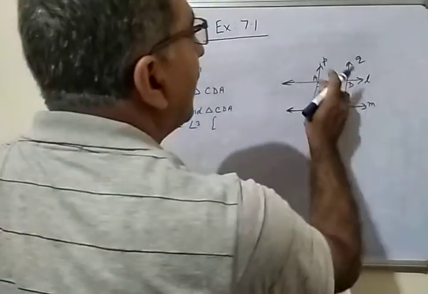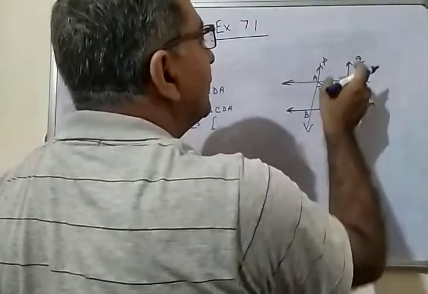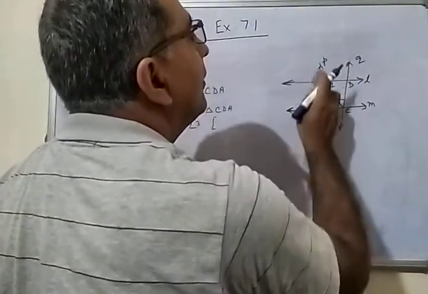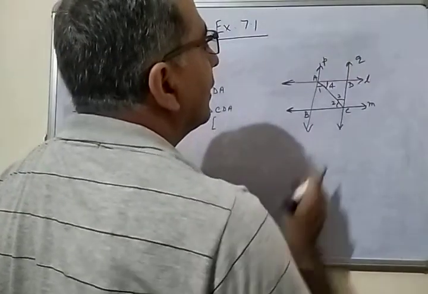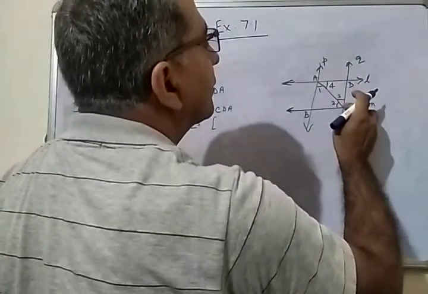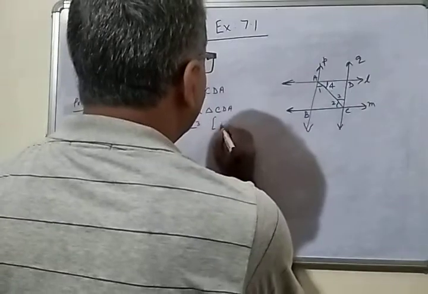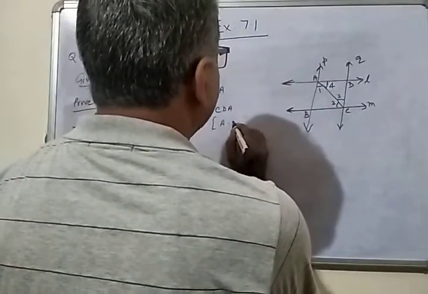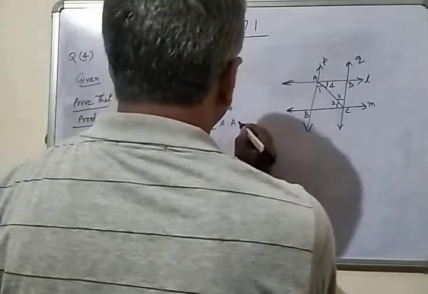These are alternate angles because P and Q are parallel and AC is transversal.